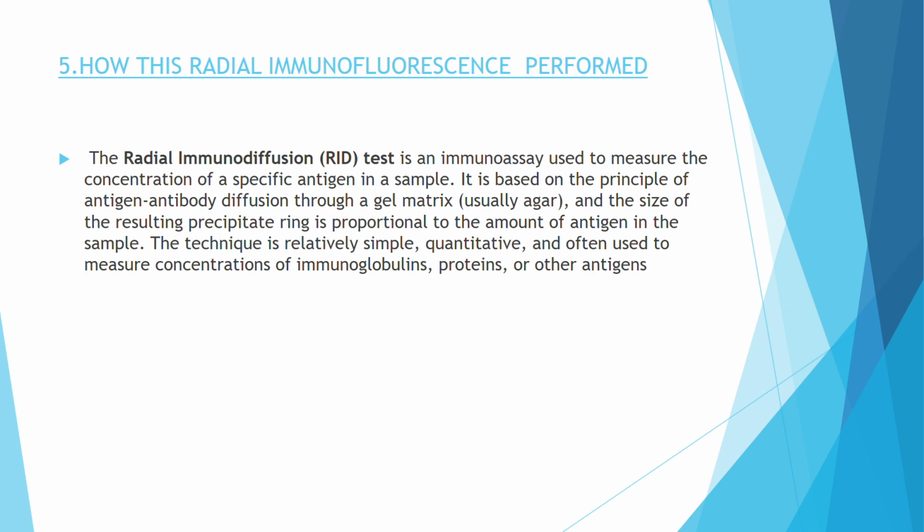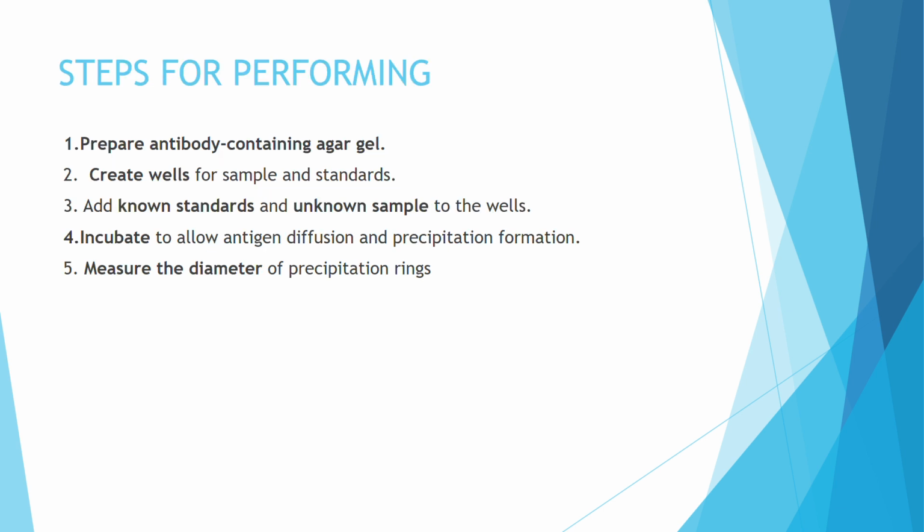It is based on the principle of antigen-antibody diffusion through a gel matrix, usually agar, and the size of the resulting precipitate ring is proportional to the amount of antigen in the sample. The technique is relatively simple and quantitative, meaning it can quantify, and is often used to measure the concentration of immunoglobulins or antibodies, proteins, or other antigens.